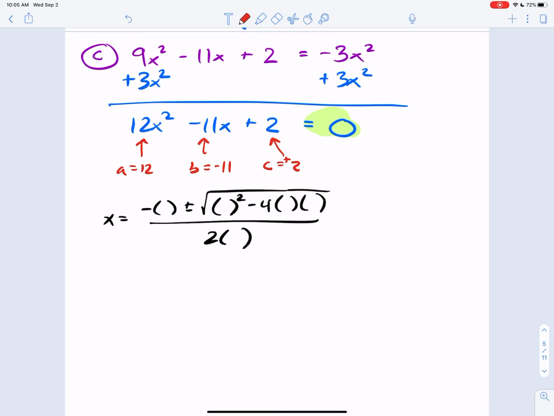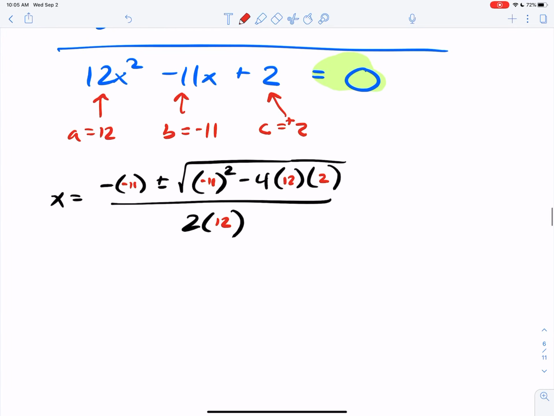Let's plug in what we know. X equals negative b, so that's negative 11. Negative 11 squared, 4ac, all over 2a. Okay, now if you don't put in the parentheses, people tend to get it wrong because of the negatives. They lose track of what the negatives are doing, okay? So here we go, x equals.